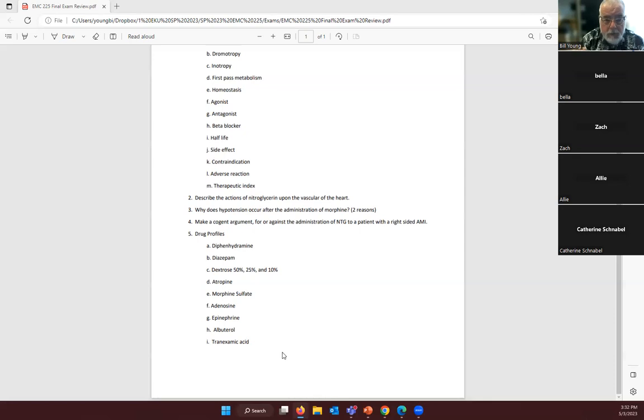What are probably 2, maybe 3 contraindications that I'm going to want to look for? Let's say 2 indications, 2 contraindications, 2 side effects that you might get from this particular drug. And then you need to know the dosing regimen for the drug that I'm asking in a particular situation. And I'll spell that out.